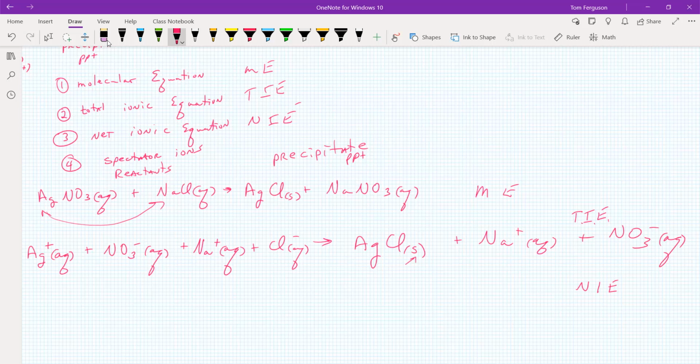Okay, so the net ionic equation is we form silver chloride. And how did we do that? We added what to what? What are the two things we added to get silver chloride?